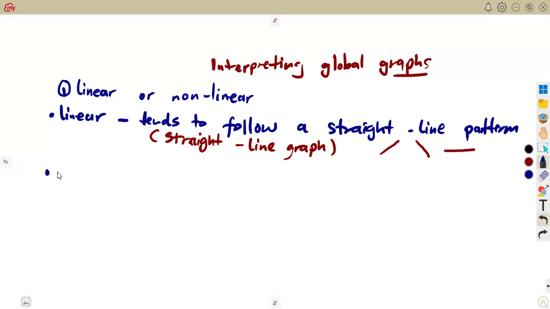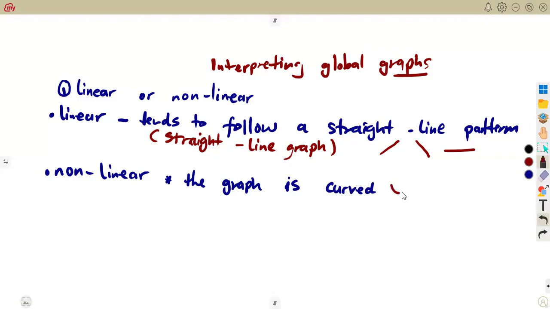The non-linear, it's not linear. So if it is not a straight line, it is a curved graph. So in this case, the graph is curved. It's no longer a straight line.